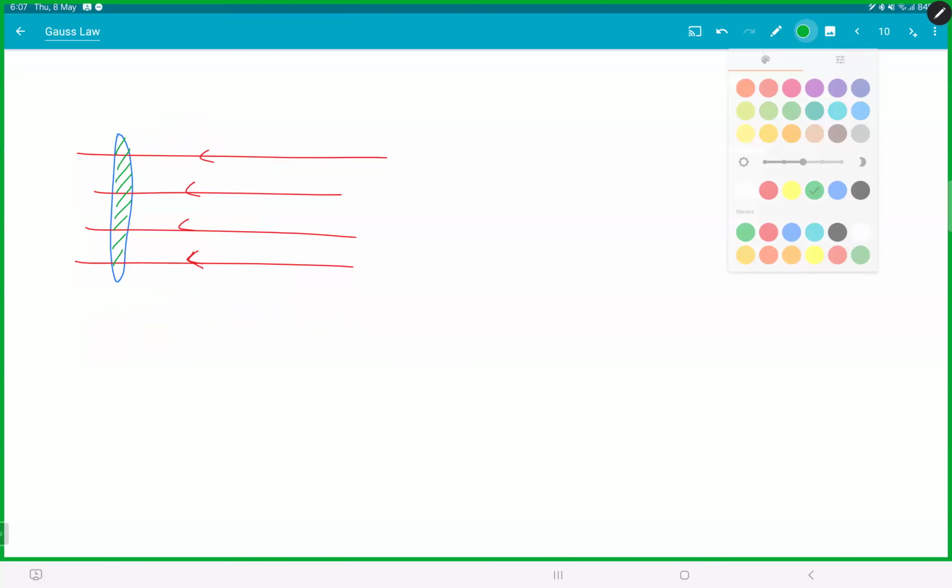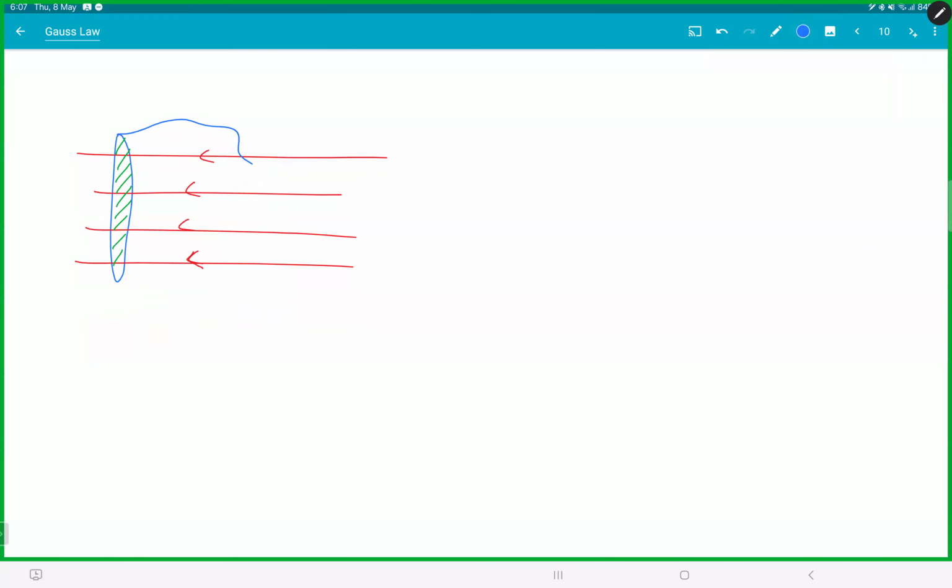So for simplicity, let's keep it simple now. Something like this. Now it is easy to see. And what is the definition of flux? The number of lines passing through an area is flux. This is quite an important concept.